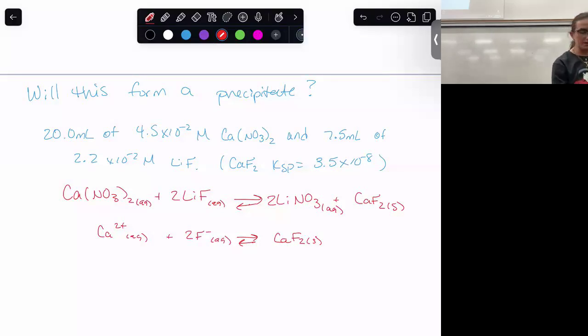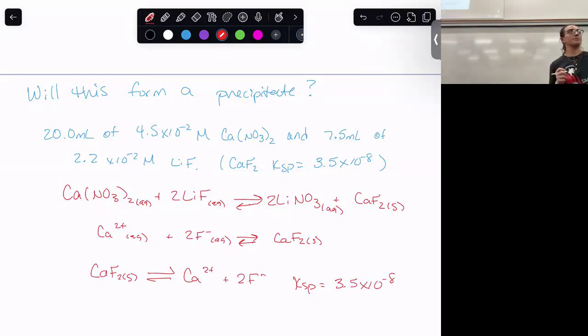We say, okay, we have this solid, calcium fluoride, but now we're saying it's going to break apart into ions, calcium 2 plus and 2 F minus, right? So this is what the KSP is equal to. Correct.